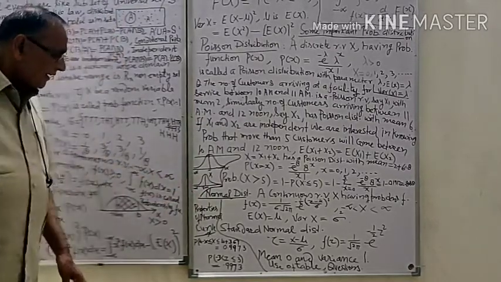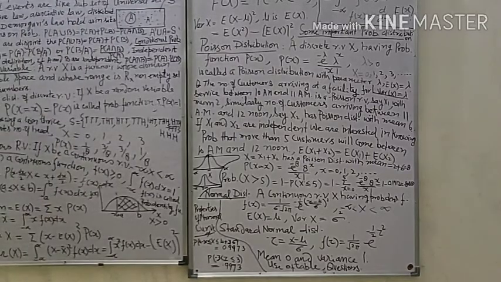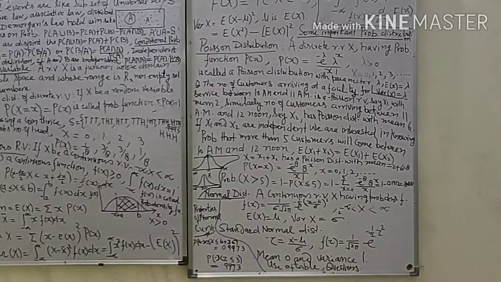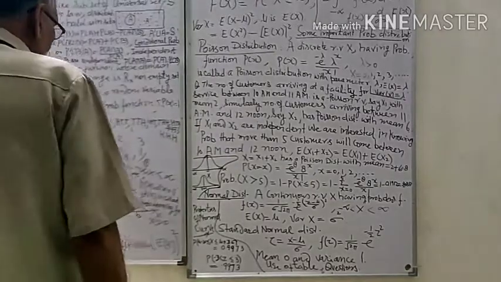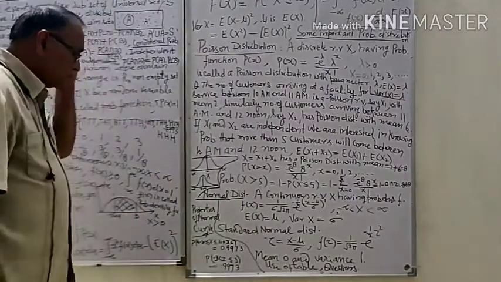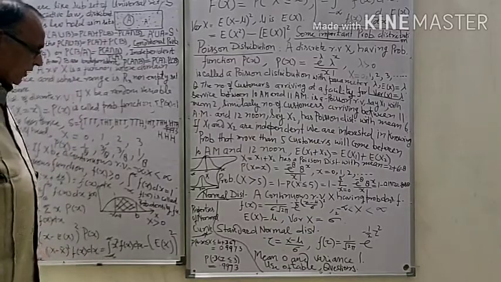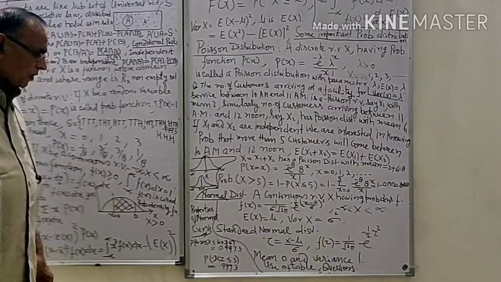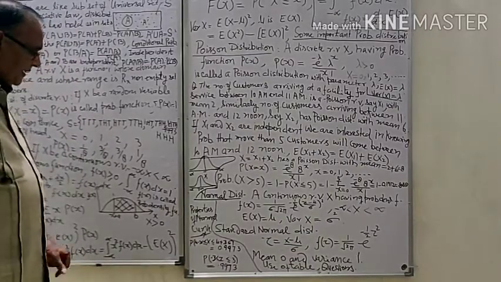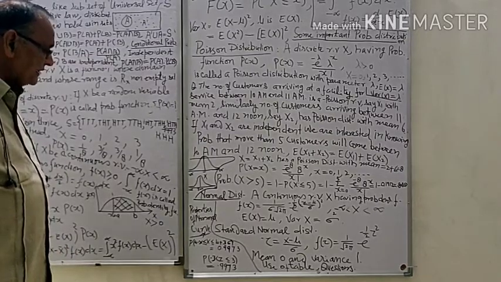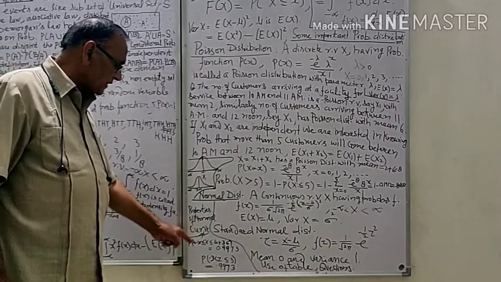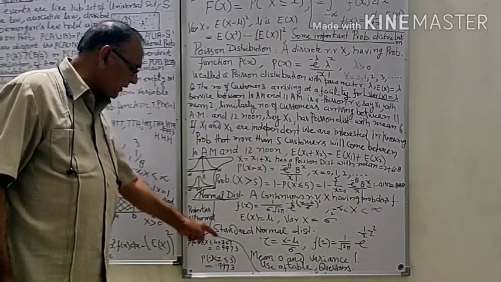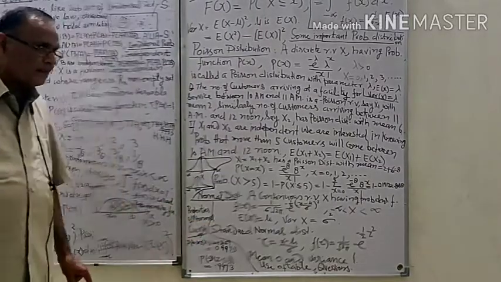But another important property of the normal curve or normal distribution is that more than 99% of the values of a normal random variable lie between mu minus 3 times the standard deviation and mu plus 3 times the standard deviation.